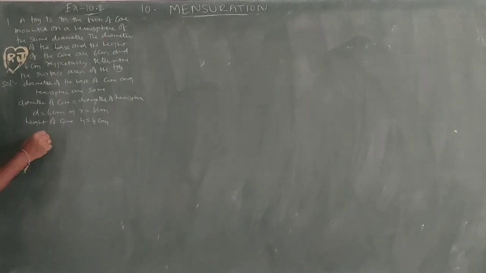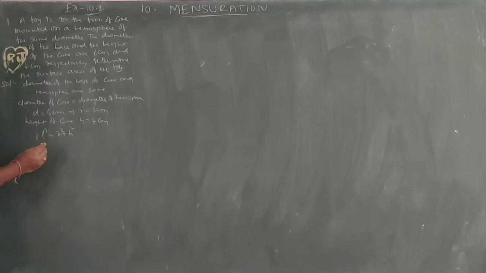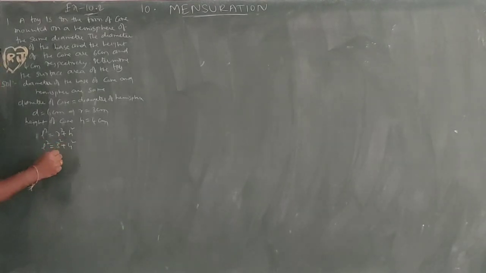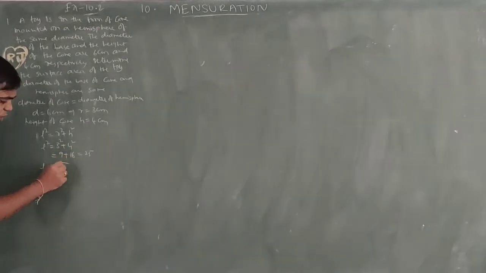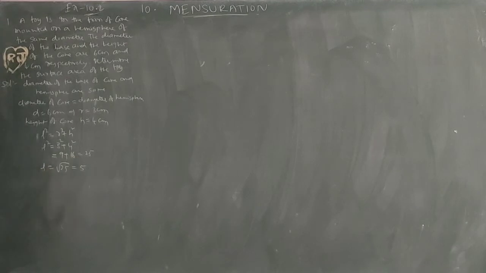For the cone, CSA is pi r l, where l squared equals r squared plus h squared. l squared equals 3 squared plus 4 squared, 9 plus 16 equals 25, so l equals root 25, which is 5 centimeters.